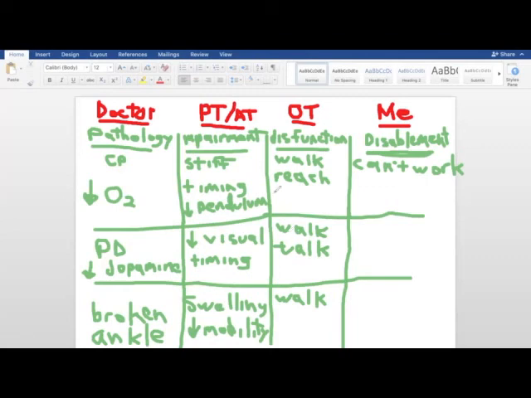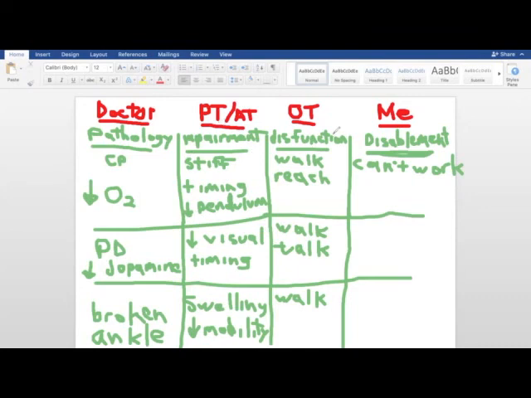It gives us all a position in our field, because if everybody was a doctor, then you wouldn't need to have PTs and OTs. If a doctor could do all of this stuff, then it leaves us without a job. So what I try to do is think about, how am I going to be able to help an individual who has a pathology and potentially an impairment?